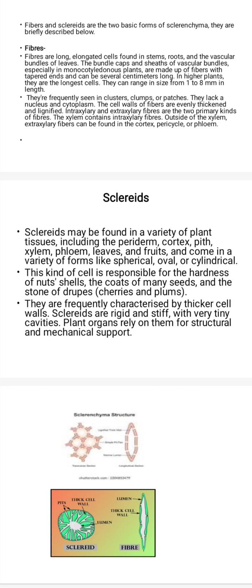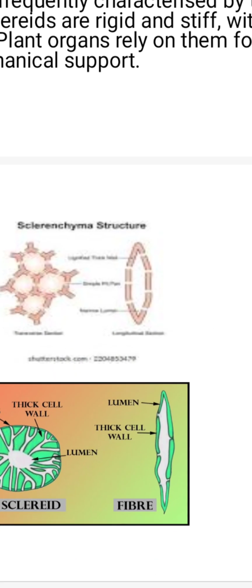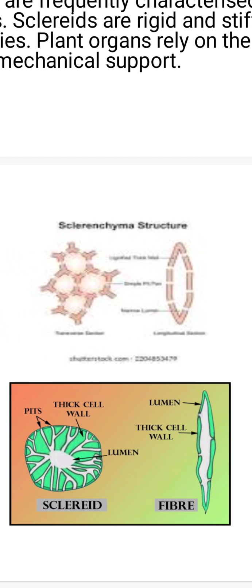Okay, then stones of drupes, berries, and plums. Okay, so they are the examples of the stone cells. Whatever hard part in the fruit or fruit seed coat or seed, you see that is made of sclerenchymatous tissue, especially sclerids.